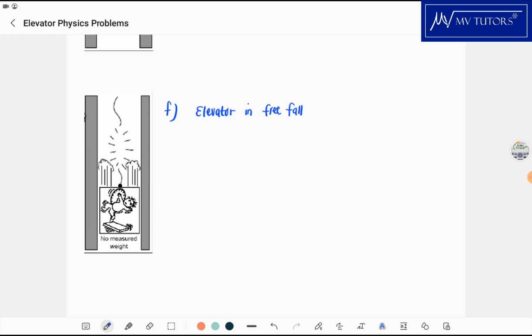So if the elevator is in free fall, both the elevator and this teenager will fall under the same downward acceleration. Both will be affected by g, the gravitational acceleration.